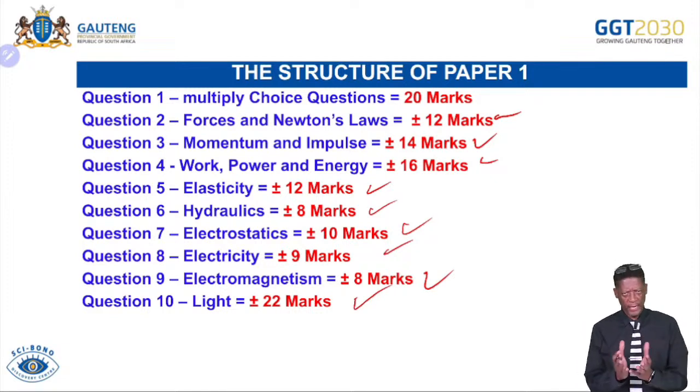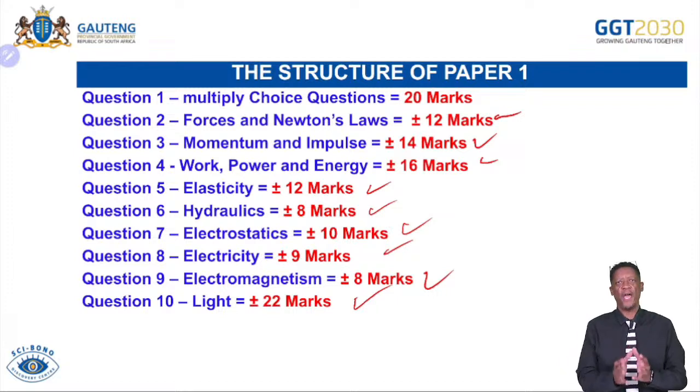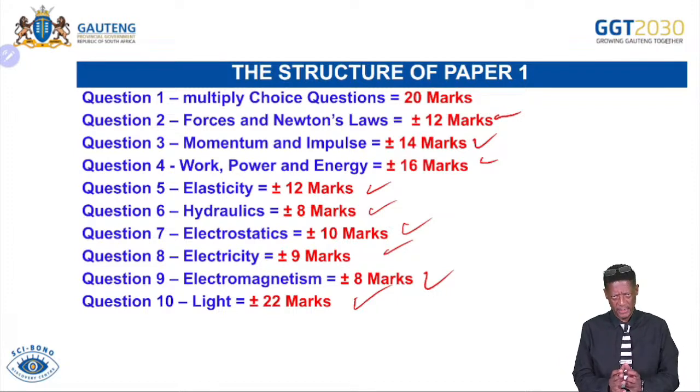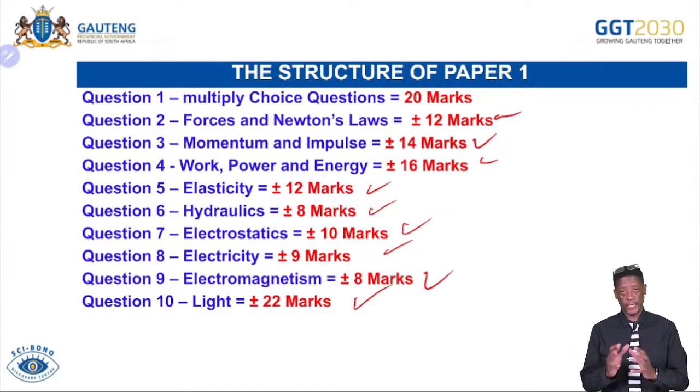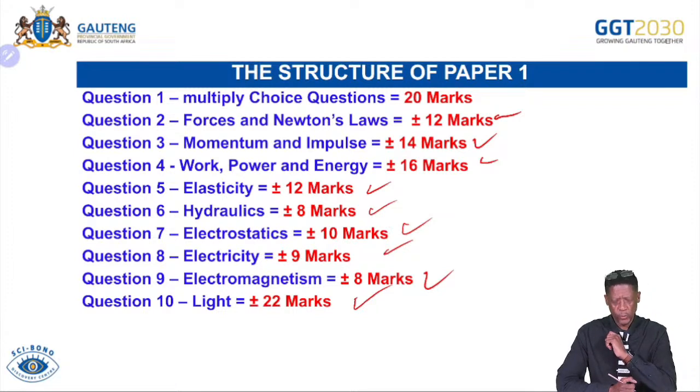Now, if we are a learner sitting and writing and checking, you have to understand where you would grab the marks. Let us look at these marks once more. Where are the highest marks, if you look at it? Light has the highest marks, which is 22 marks.